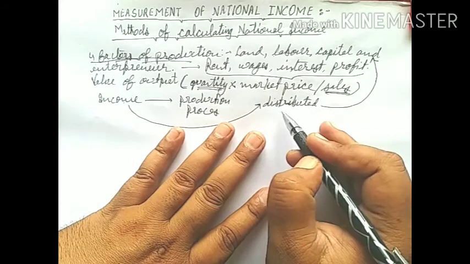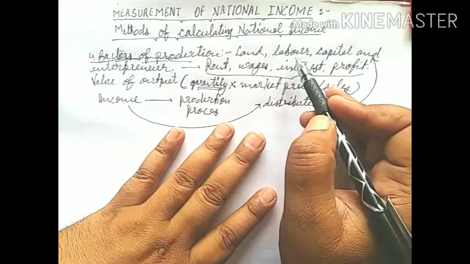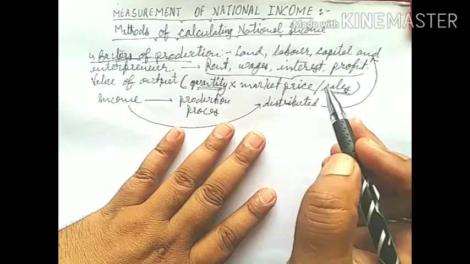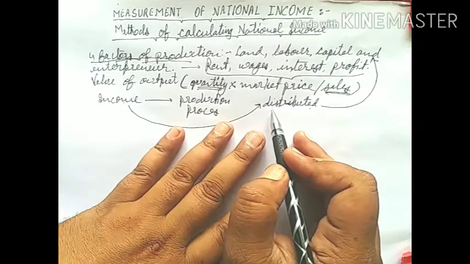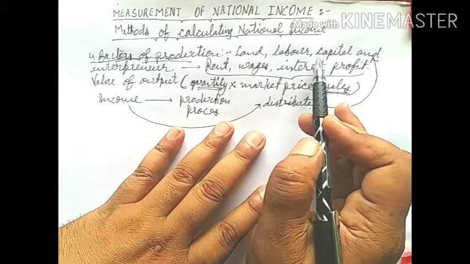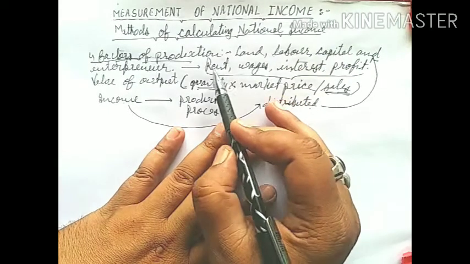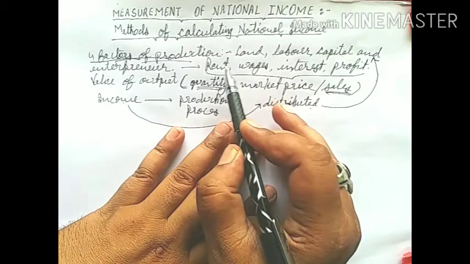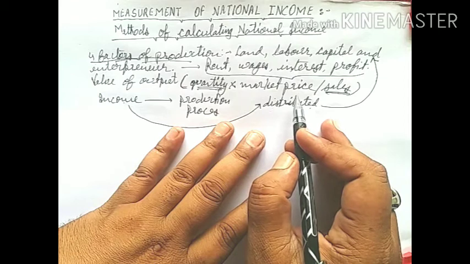How has this income been distributed among the four factors of production? By making payments for their services, because producers render services from these four factors of production, and in place of their services, producers pay the rent, wages, interest and profit to these four factors of production.